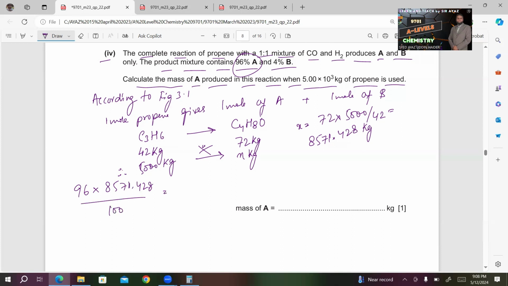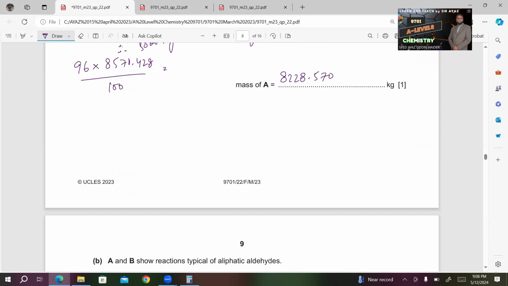So what we will get? The mass must be 8228.570 kg. This will be the final answer. Moving to next question.